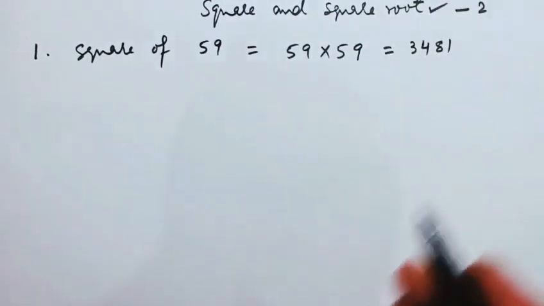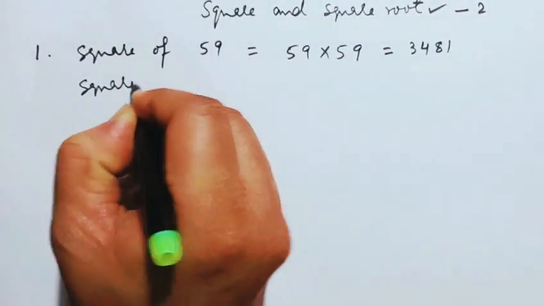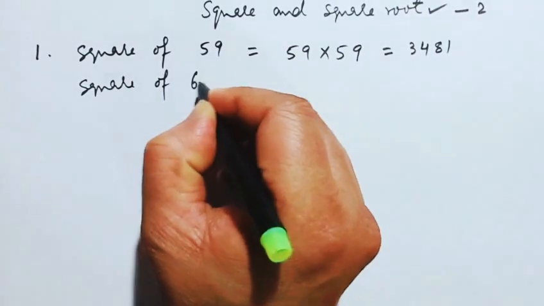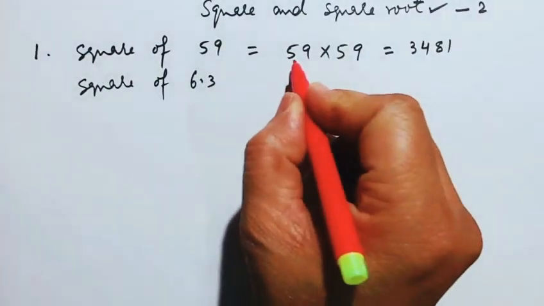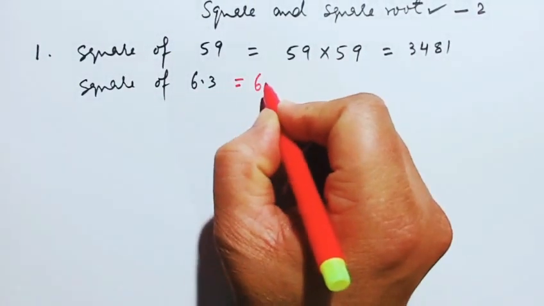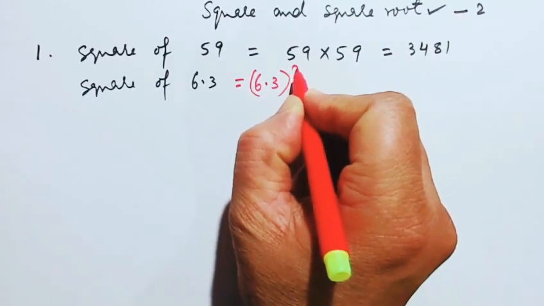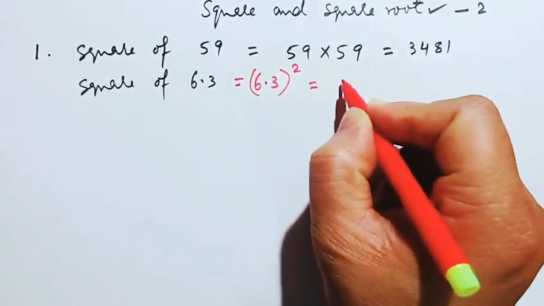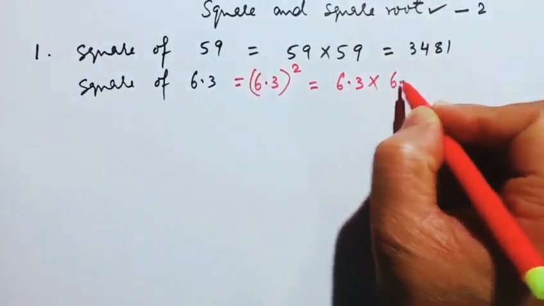Similarly, find the square of 6.3. The square of 6.3 is the same as 59 into 59, but you can also write this as 6.3 whole square, which is 6.3 multiplied by 6.3.